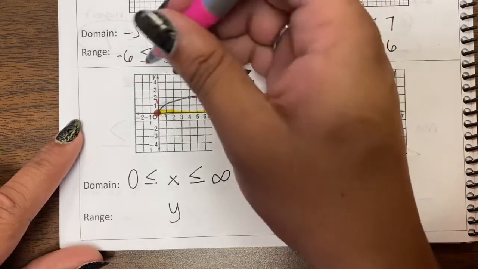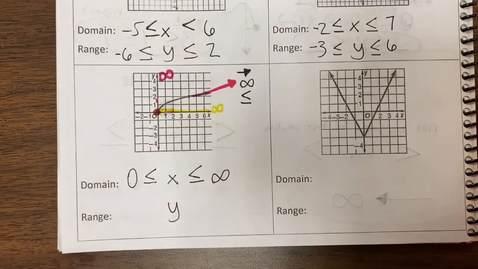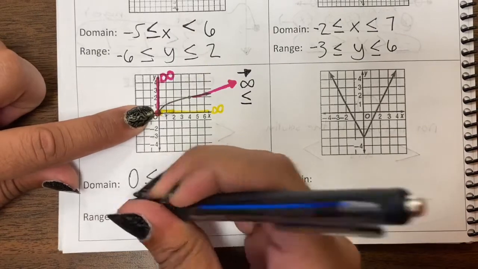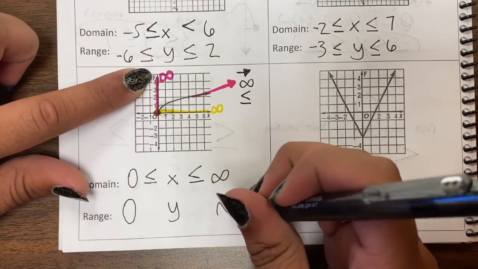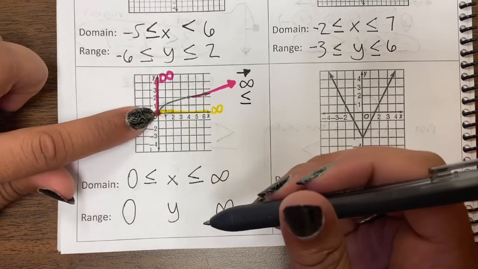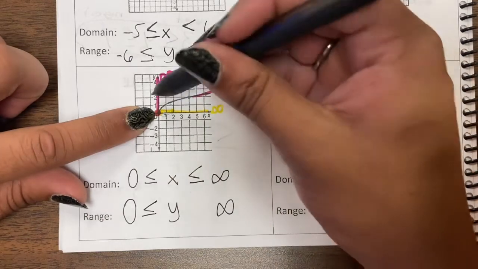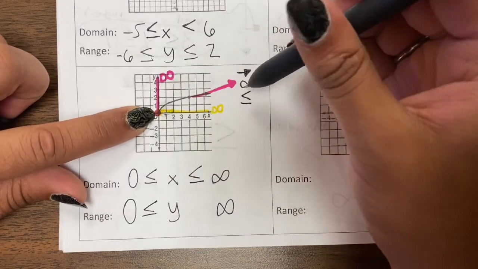So this one is also going to be going until infinity upwards. So our numbers once again are 0 as the lowest value, and the highest value is infinity. And remember, since this was a closed circle, we're going to use less than or equal to. And since this is an arrow going up forever and ever, that means we're going to use less than or equal to as well.